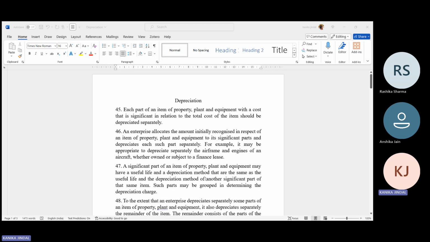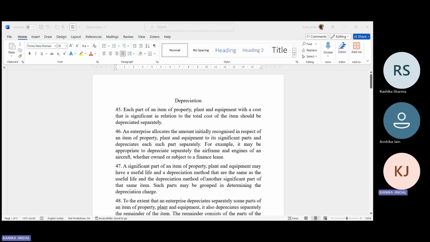Next point is, an enterprise allocates the amount initially recognized in respect of an item of property, plant and equipment to its significant parts and depreciates each such part separately. For example, it may be appropriate to depreciate separately the airframe and engines of an aircraft, whether owned or subject to a finance lease.